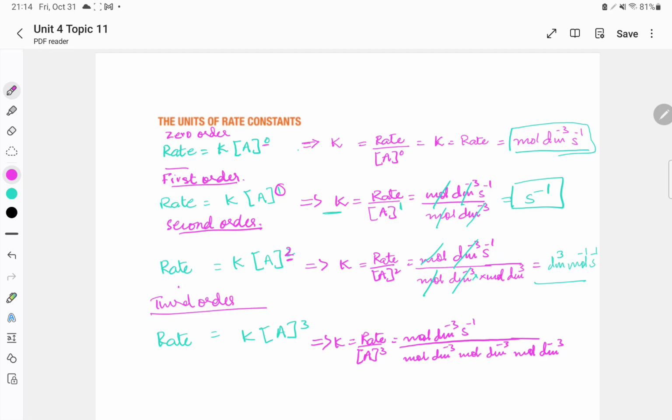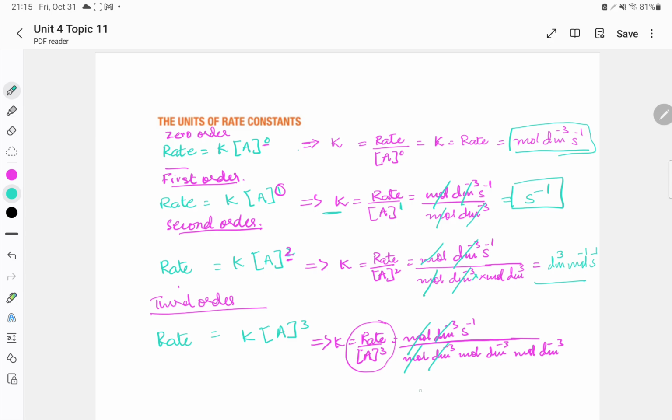According to the rate equation, the value of k is going to be rate upon the concentration of the reactant 3 times. So now we're going to cancel it out, and let's see, mole is going to be cancelled by mole and dm cube is going to be cancelled out by dm cube.